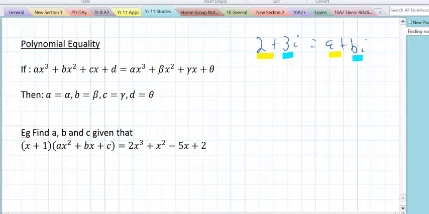So you take the coefficient of x cubed on one side of the equation, that is equal to the coefficient of x cubed on the other side. So a is equal to alpha, b is equal to beta, c is equal to gamma, d is equal to theta. Alright, so the coefficients line up and equate. Just like here, the real part equates with the real, and the imaginary with the imaginary. Those parts equate. Same here, the coefficients equate.